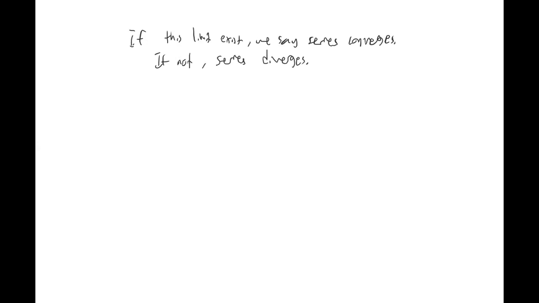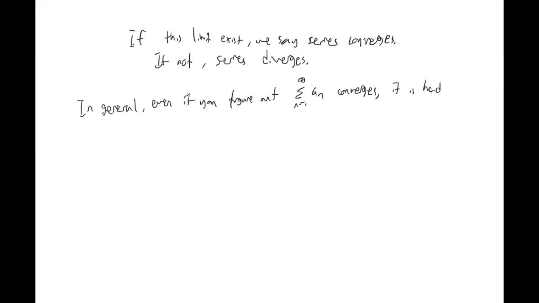So if you think of this as adding infinitely many things, you start knowing that in general, even if you figure out that this thing converges, it is hard to know what it converges to.